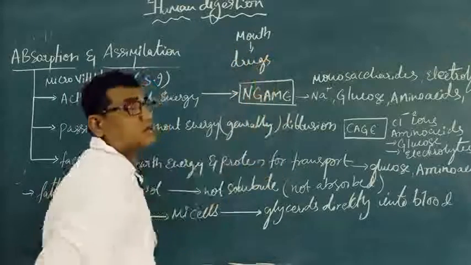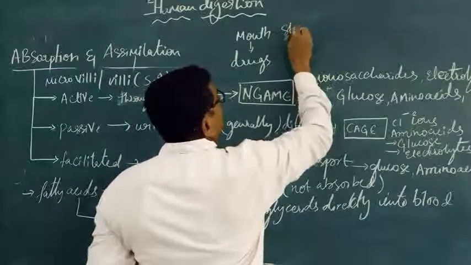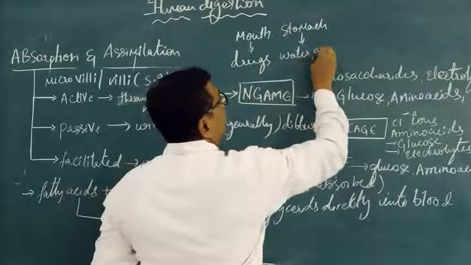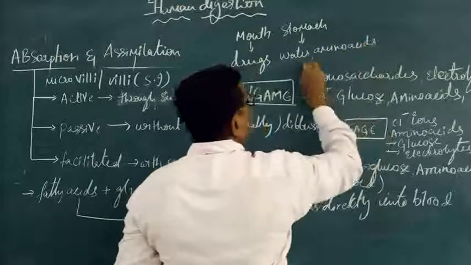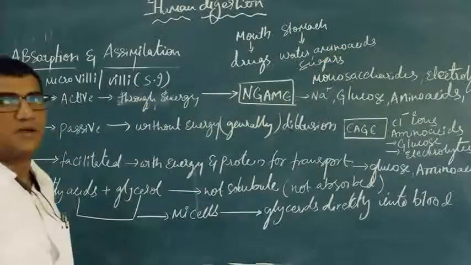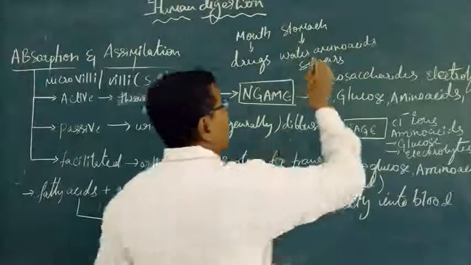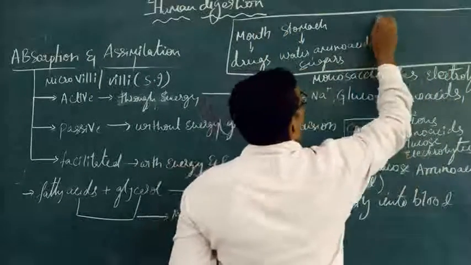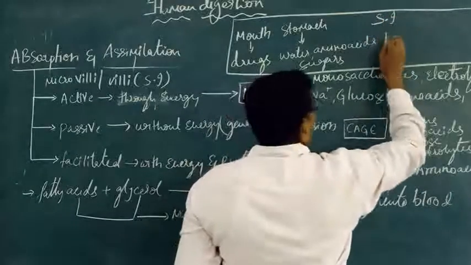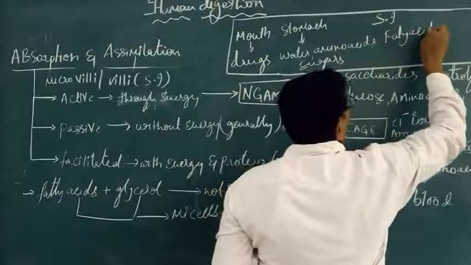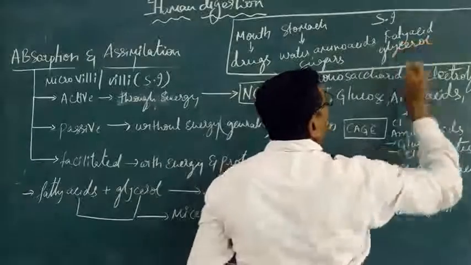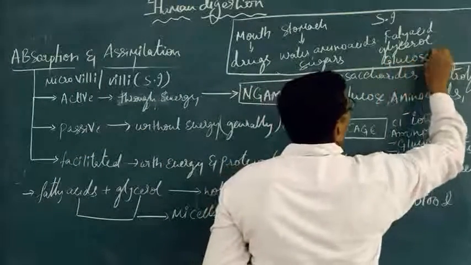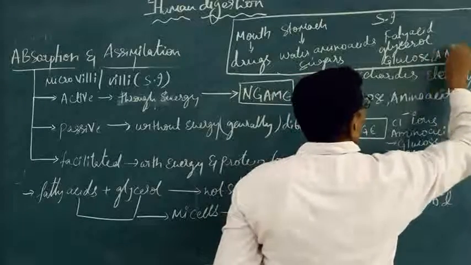Drugs are absorbed in the mouth. In the stomach, water, amino acids and sugars are absorbed, and in the small intestine, fatty acid, glycerol, glucose and amino acids are absorbed.